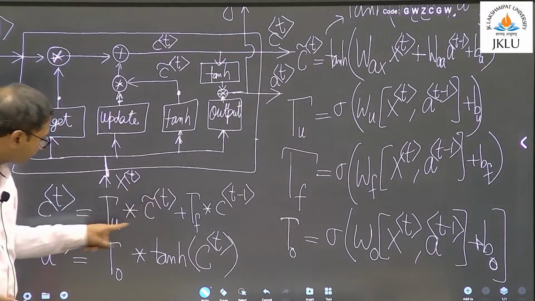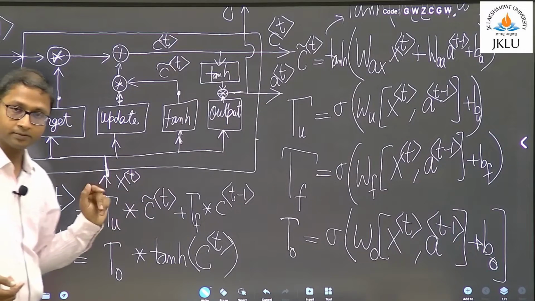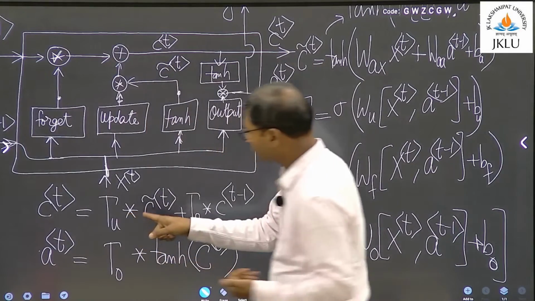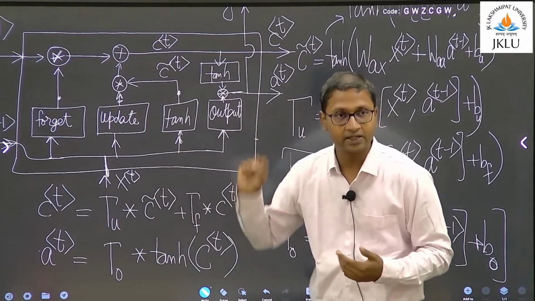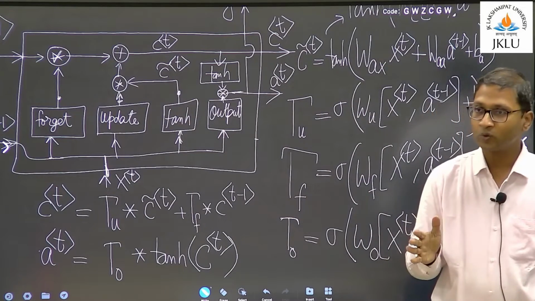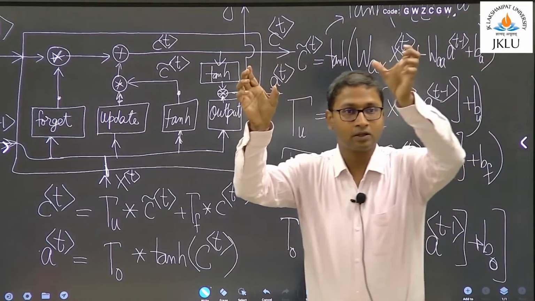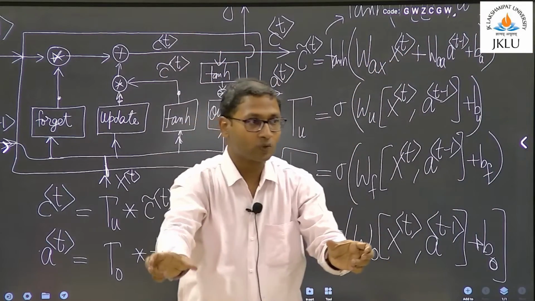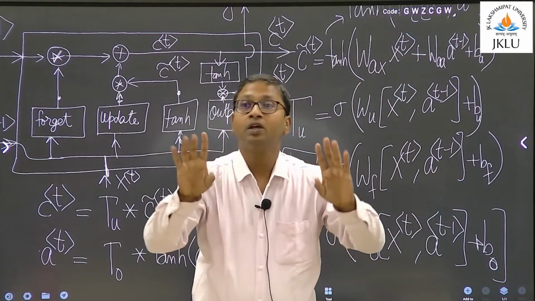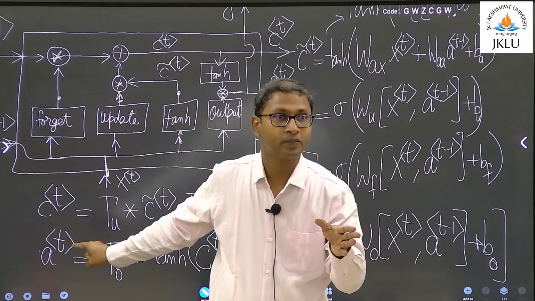So, what is the dimension of this thing? This whole thing? Tau u element wise multiplied with C tilde T. 100 cross 1, because both these vectors are 100 cross 1, 100 cross 1. You are not taking dot product. If you were to take dot product, what will be the size of the resulting thing?